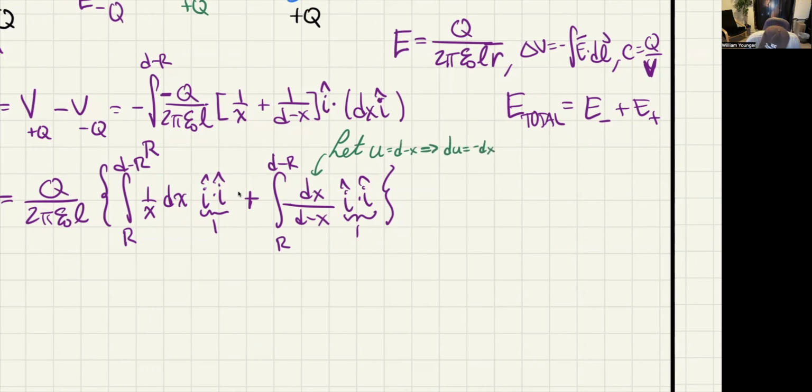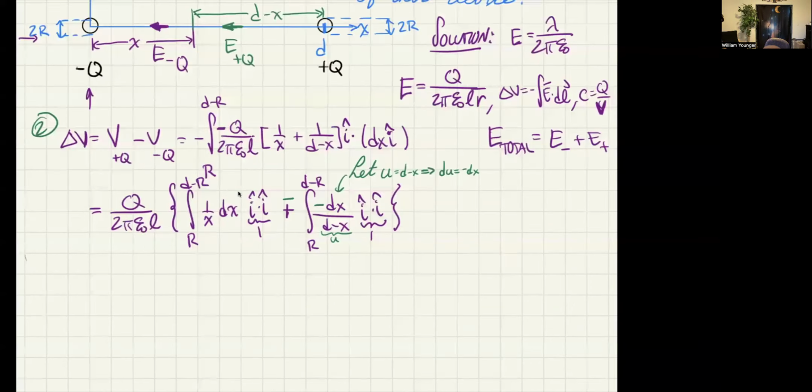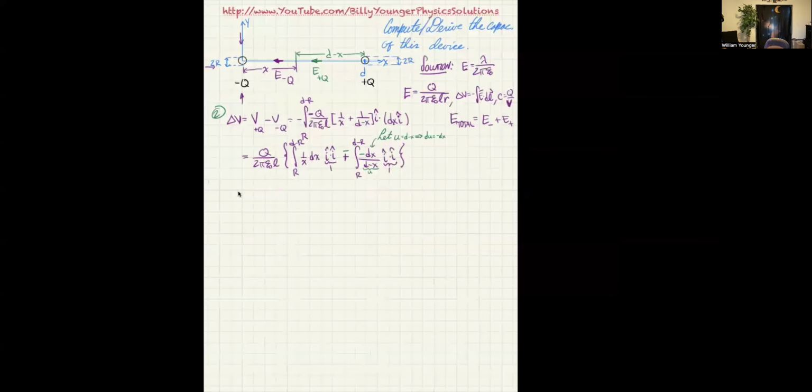So I need a negative to go in front of the dx. In order to do that, I need to multiply by another negative. So this is going to become negative here, and then this whole thing is going to become u. So now we've got our substitution. We can do our integral.